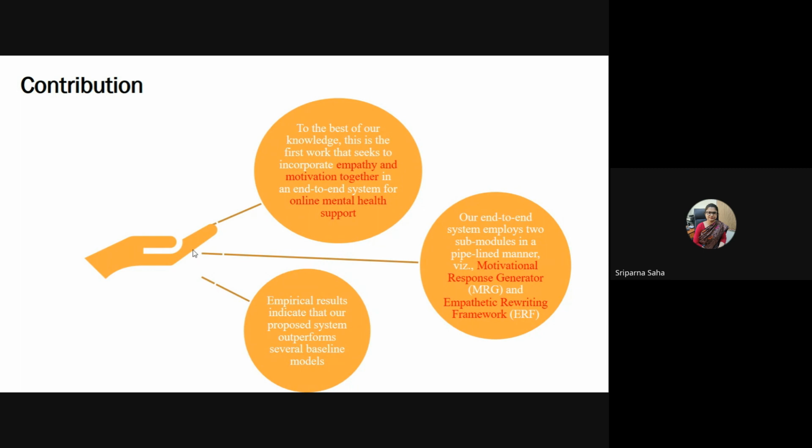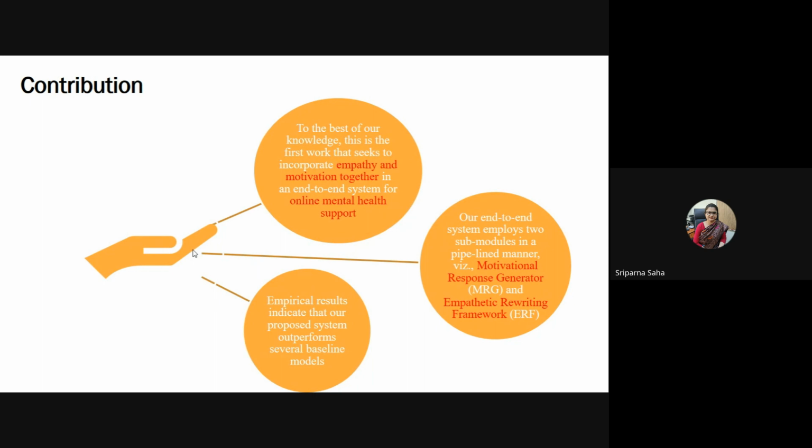Motivation and positiveness are important for motivational dialogue systems, but another important component is empathy. To the best of our knowledge, this is the first work that seeks to incorporate empathy and motivation together in an end-to-end system for online mental health support.